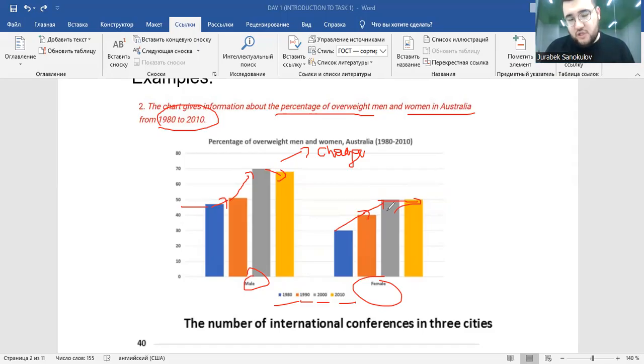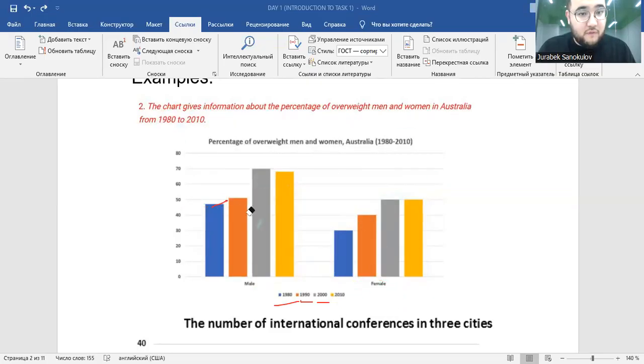All you need to pay attention to is what type it is, whether it's a change chart or a comparative. This is a change chart because the information given is changing over time, through years. So that's why we call them change charts.